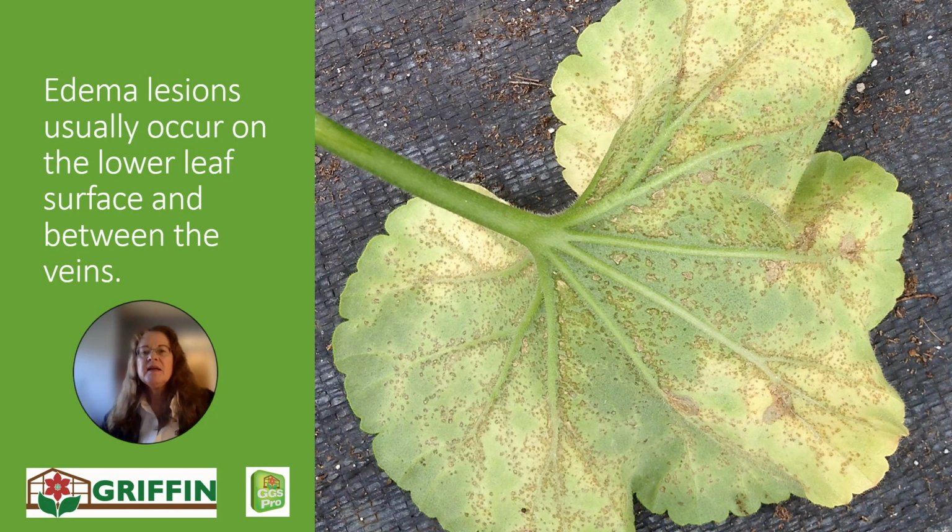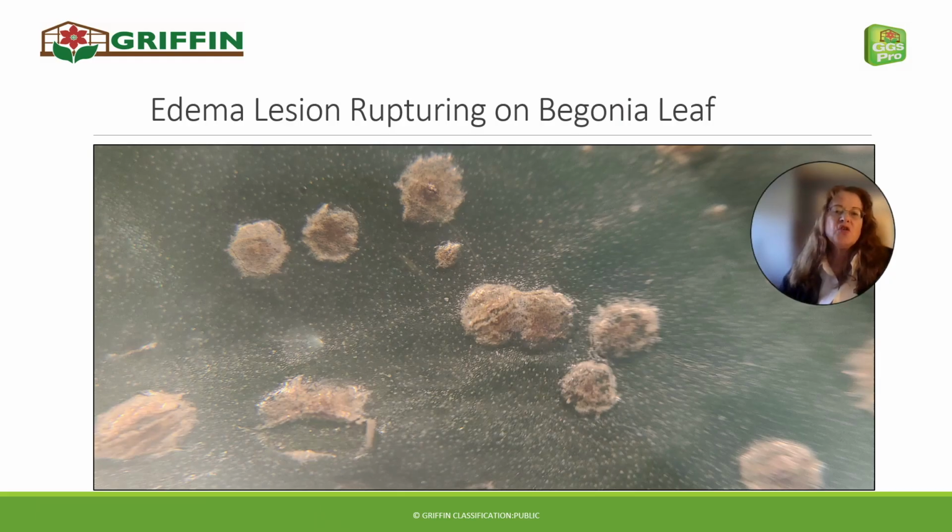If we look a little closer at those edema lesions, they usually occur on the lower surface, although not always, as I said, usually occurring between the veins. All of these lesions here are already broken and browning, and really there's nothing to be done about that at that point.